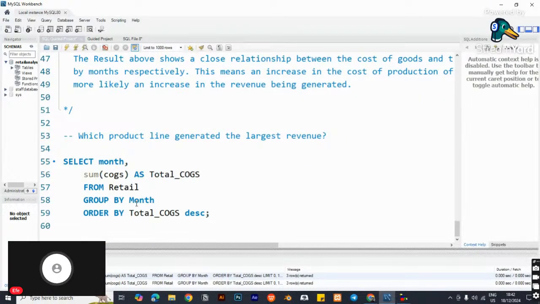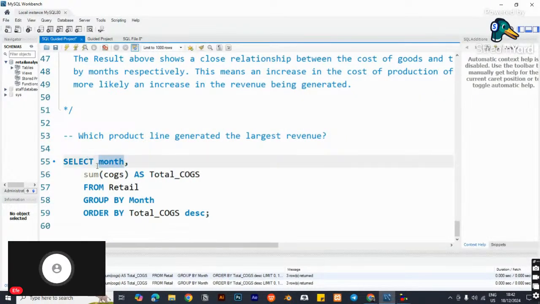Okay, so we can say select changes to product line. Which product line generated the largest? So when you see these words, I'm saying this again, largest, what will come to your mind is, okay, aggregate function. Largest product line. Okay, what next? So we're still going to use the sum and then the total revenue.